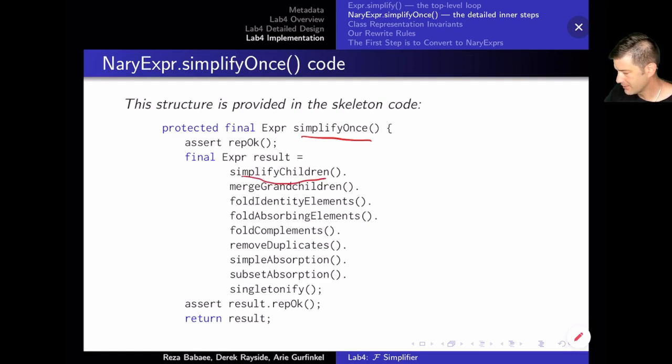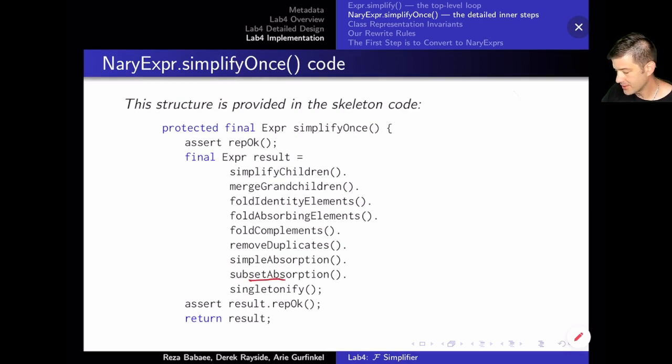Apply something that simplifies the children, then merge all of your grandchildren, then see if you can apply the identity element rule, then the absorbing element rule on the result, then the double negation. Then if you have multiple children and they're similar, remove the duplicate children. Then apply the absorption law, the simple one, which looks for whether you have 2 arguments and one is 0.